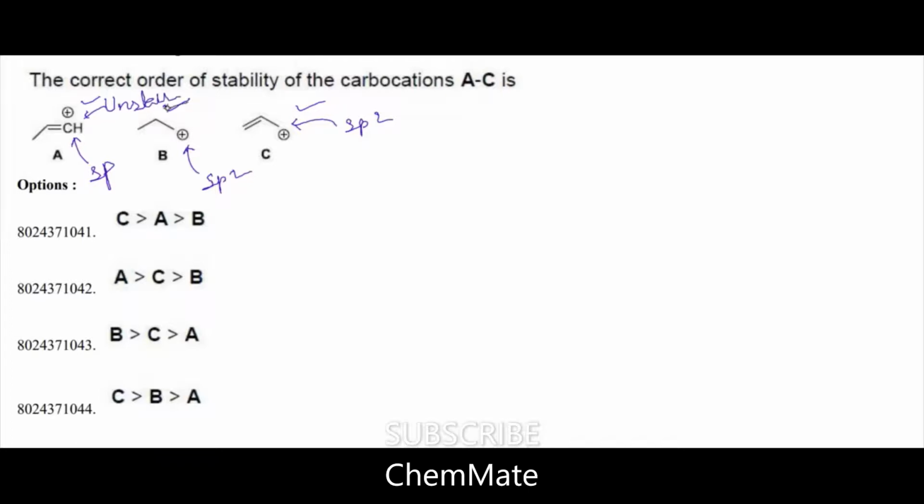Now between these two, this is alkyl and this is allylic. Allylic is a resonance stabilized carbocation because it will have one resonating structure, and this is an equivalent resonating structure. Actually for this carbocation, the positive charge is equally distributed between these two carbon centers.